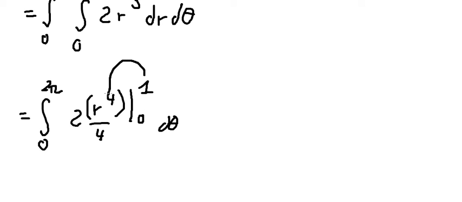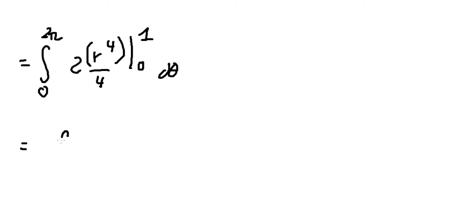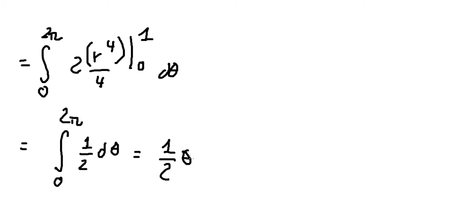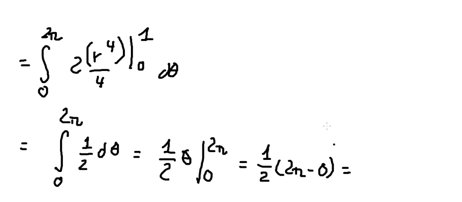So I put 1 in here and 0 in here. So we have 1 over 2. And now we have the final answer, and that is pi.